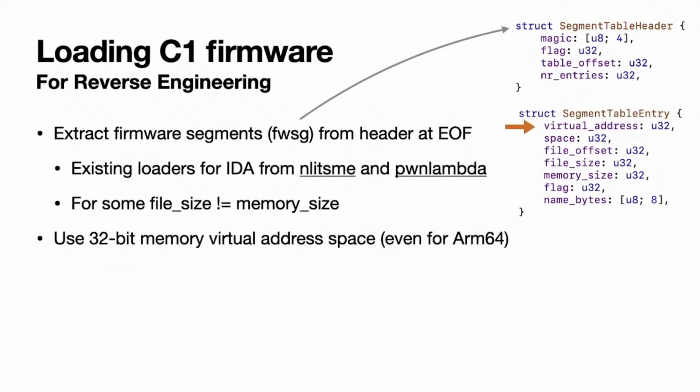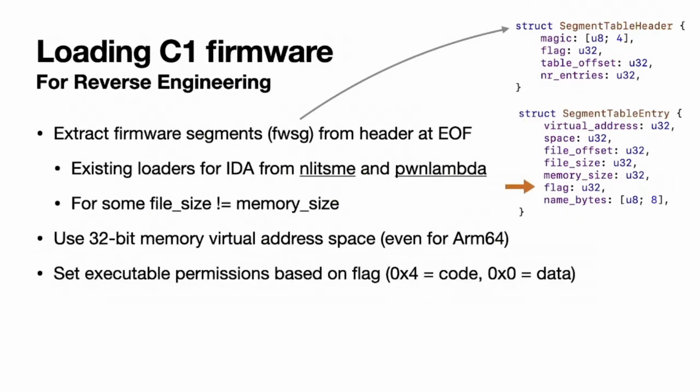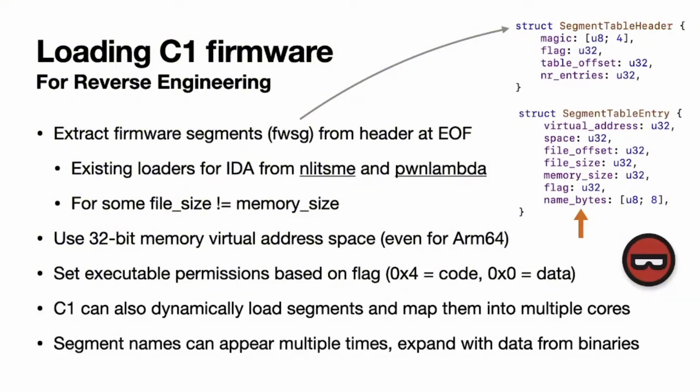We're using 32-bit virtual address spaces even for ARM64 binaries. So the kernel is then in a continuous memory space with the other stuff, and we have references across functions. We also should set executable permissions. And the C1 can also dynamically load code segments of other cores and map them into, basically, our core. And we will also see this later.